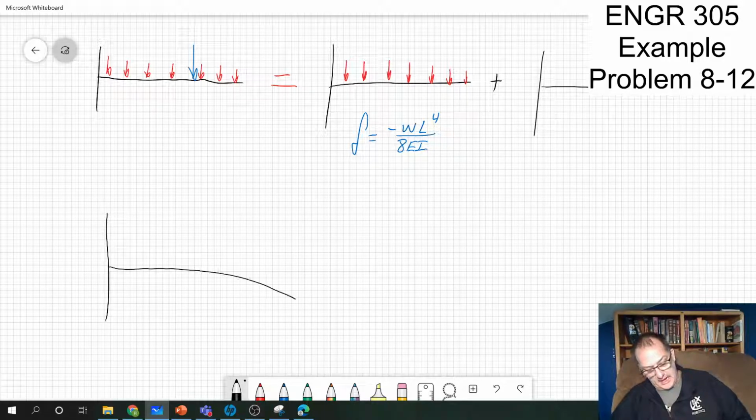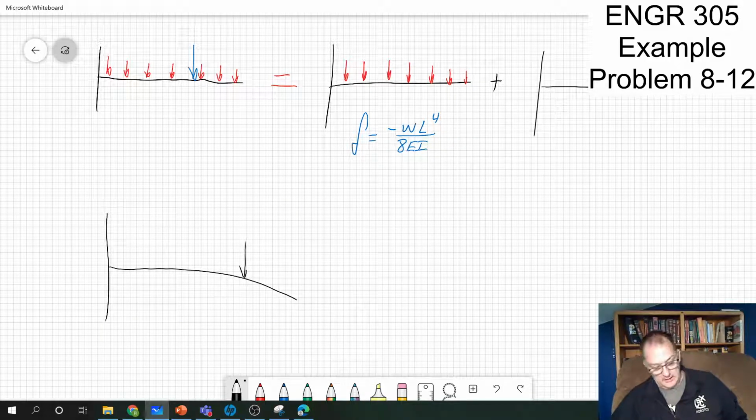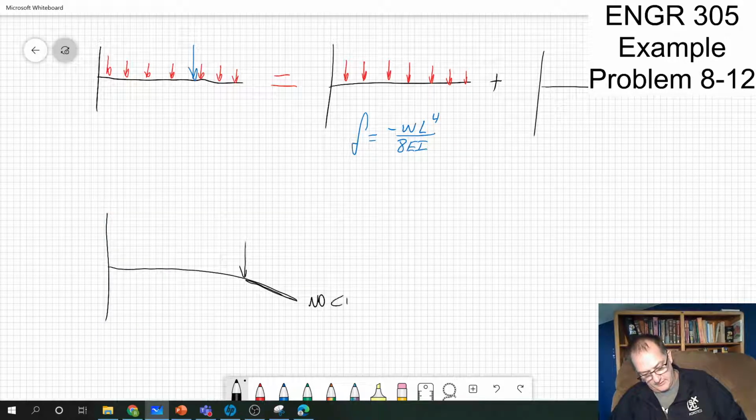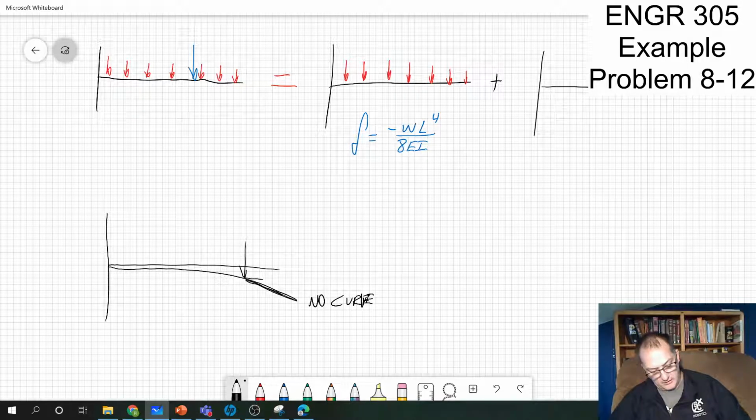What's going to happen with my cantilever beam is I'm going to put my load here, and this section is straight. That has no curve. Why? Because there's no moment on the beam past that point. So that is straight. I'm going to get a deflection from here to here, which is delta.